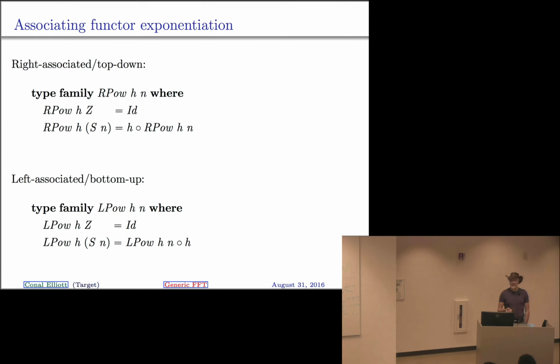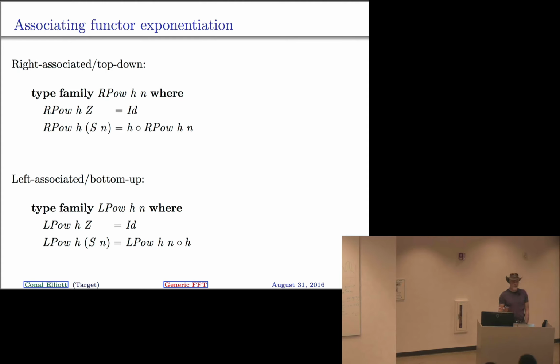This isn't really a dependent type language, so I'm going to encode the natural numbers in types. And we'll do that in Peano style, which is to have 0 and successor. Okay, so I'm defining a family of functors, h to the n, right associated. Okay, so what is h to the 0? It's the identity.